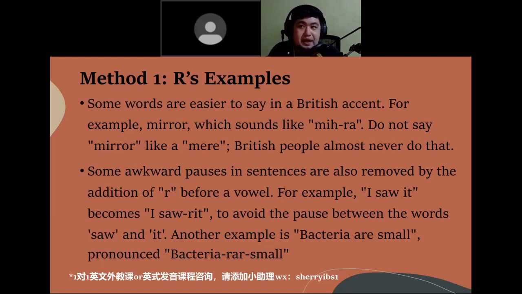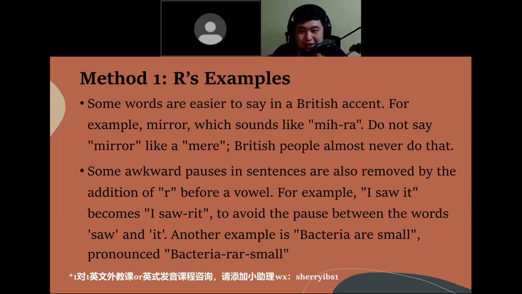When you say mere, it means it appears to be just as. That's the meaning of mere. But here in the example, instead of saying mirror, mirror, mirror, British people almost never do that, because you would sound very idiotic if you read it like that.